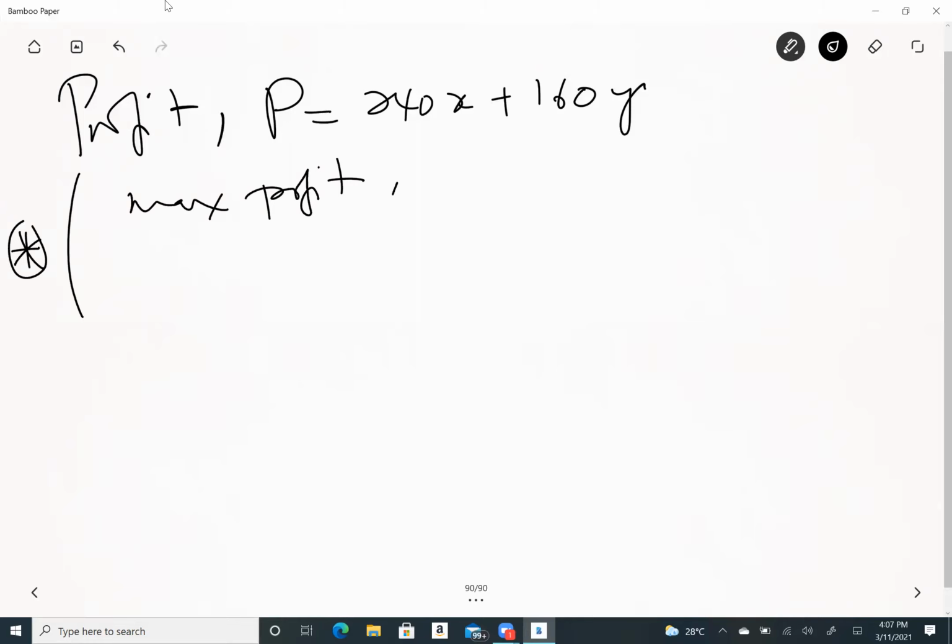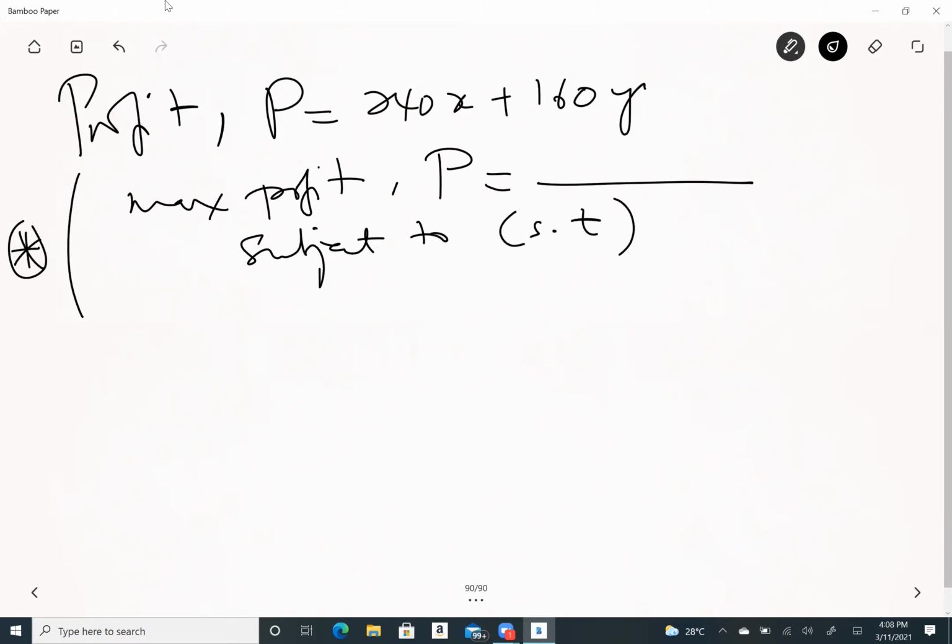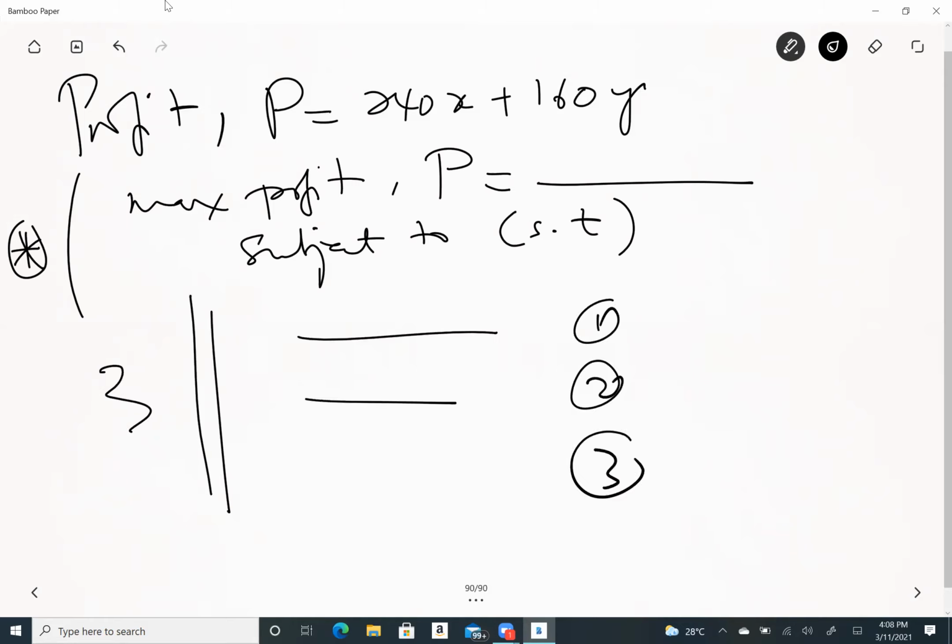So maximize profit P equal to the function, which you already have, subject to, or we can use ST, the constraints. You write down the constraints, there are 3 of them: 1, 2, 3. So this is the formal problem statement.